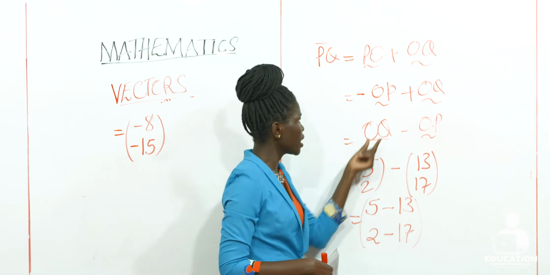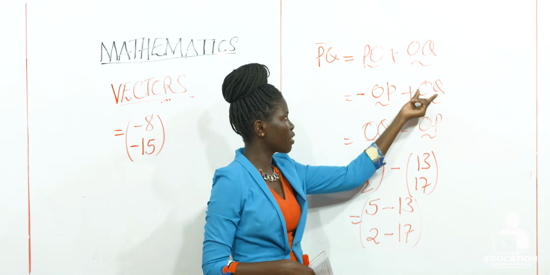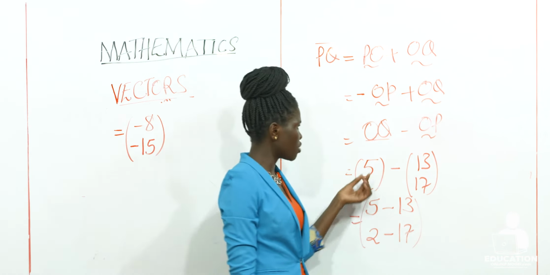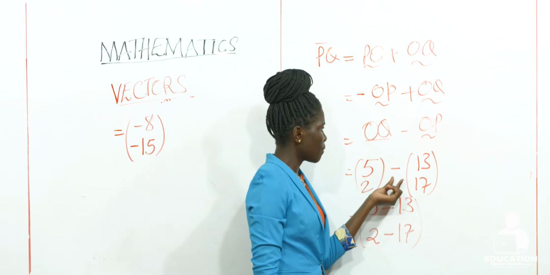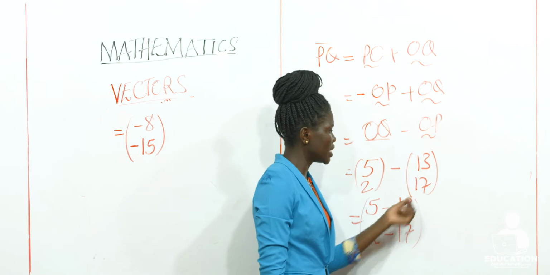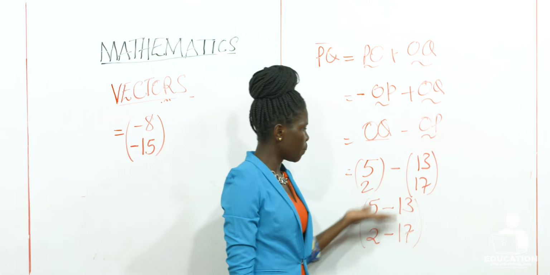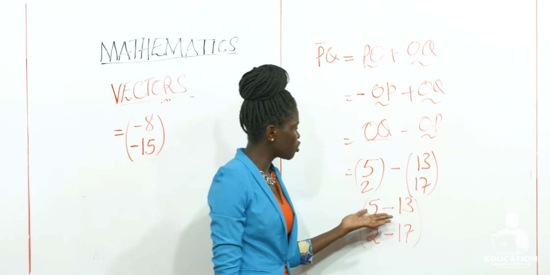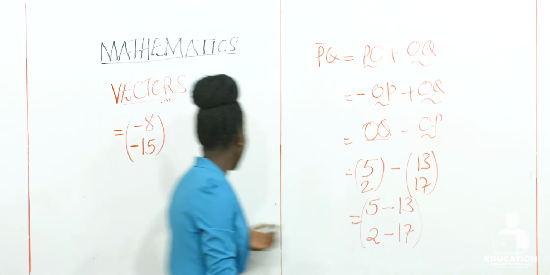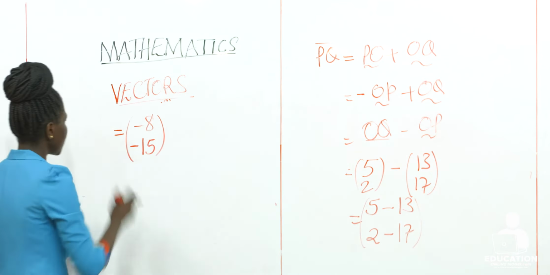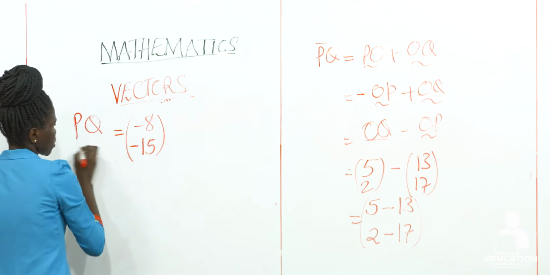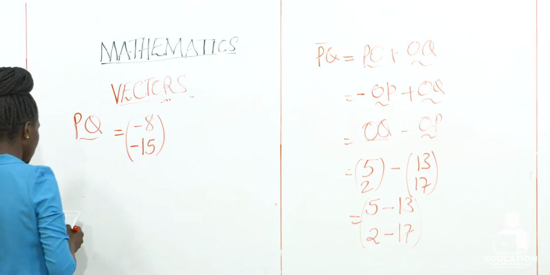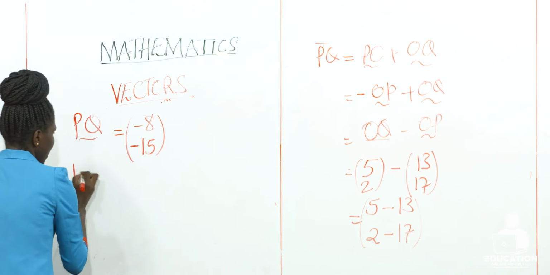That's why we simply alternated and we started with the positive, which is OQ minus OP. So our values according to the question for OQ is (5, 2) minus the OP, which is (13, 17). We opened the two brackets and we subtracted correspondingly, x's alone and y's alone, and finally our value of PQ became (negative 8, negative 15).